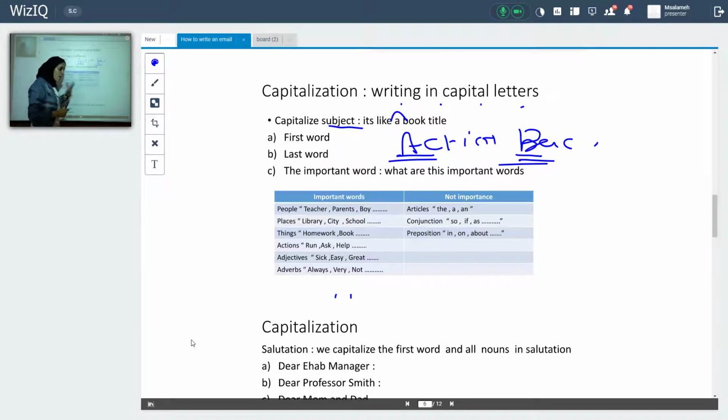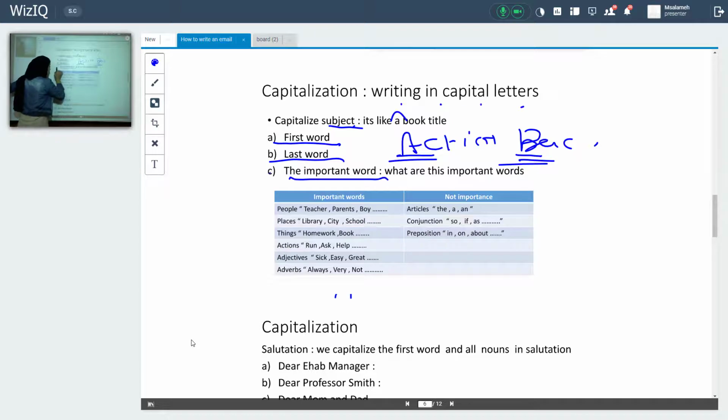I know every name because it's written with a capital letter, like John, like Susan, like Dahlia, like every name. In the subject, I should capitalize the first word, the last word, and the important words.